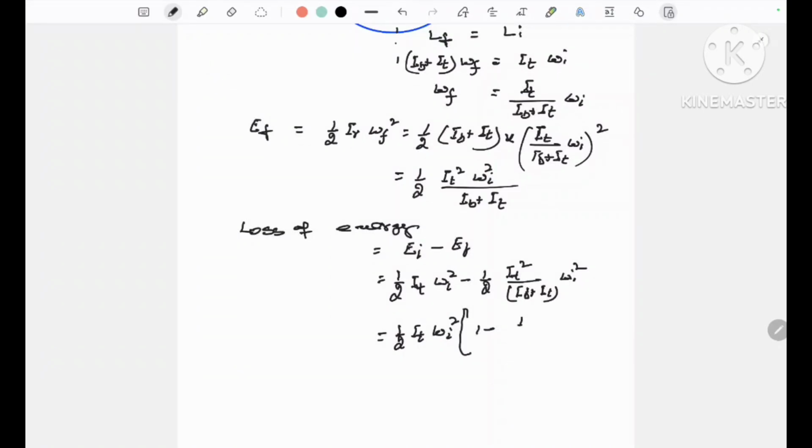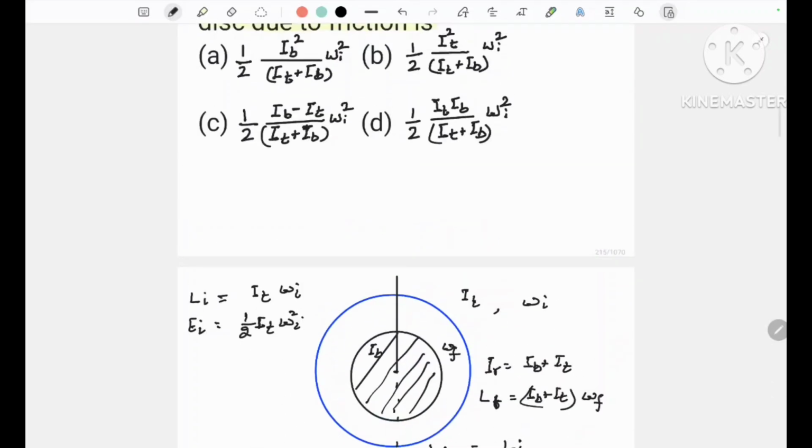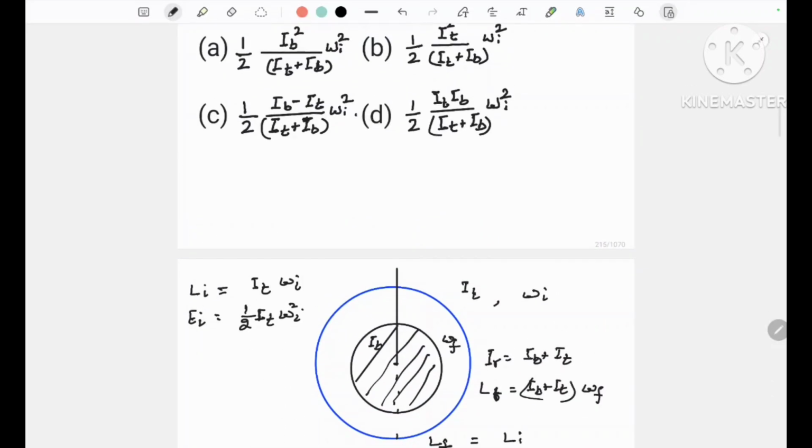This is half I_T omega I square times 1 minus I_T by I_B plus I_T. This comes to half I_T I_B by I_B plus I_T omega initial square. This D is the correct option.